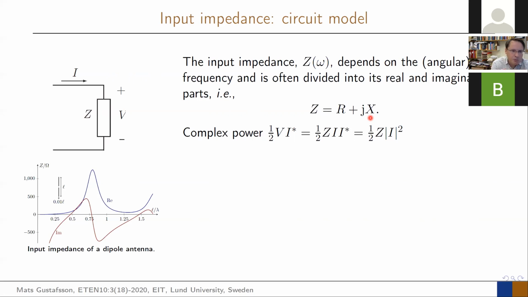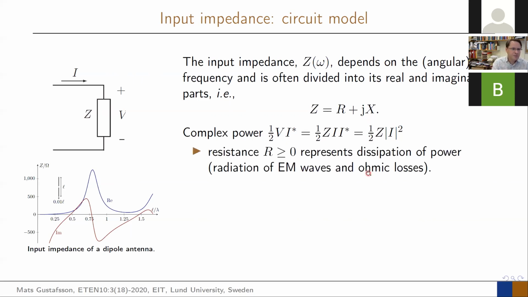And we can compute the complex power that we get here, because that is the voltage times the complex conjugate of the current. And if I rewrite this with this input impedance, I can see the complex power here, it's Z times the magnitude of I squared. So one gives a real valued power and one gives imaginary power, and that's active power and reactive power. So this one gives the active power and this one gives reactive power. The same interpretation as in circuits for antennas.